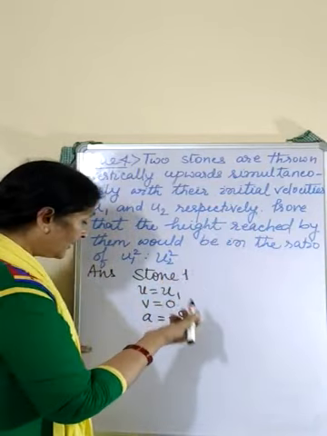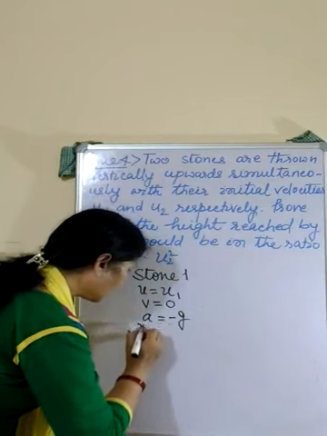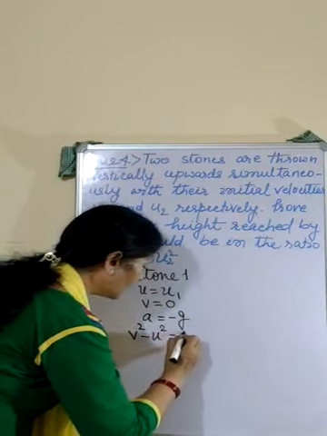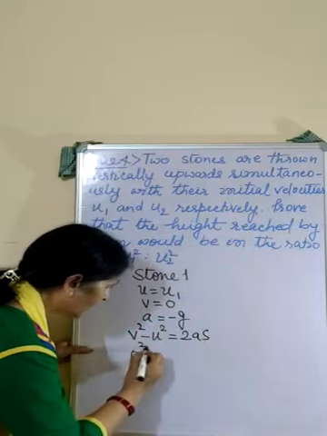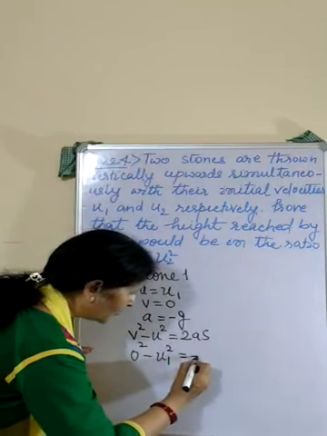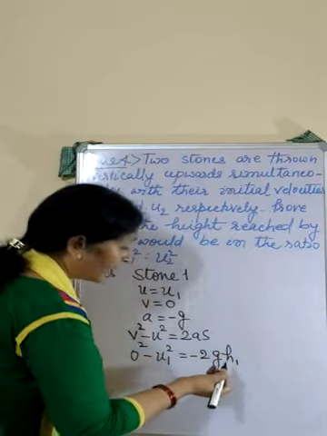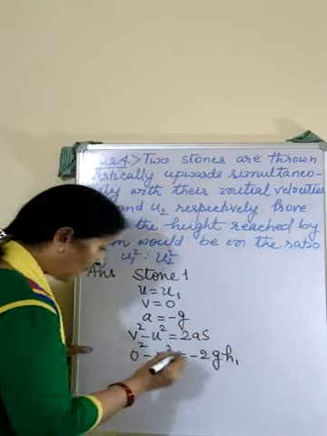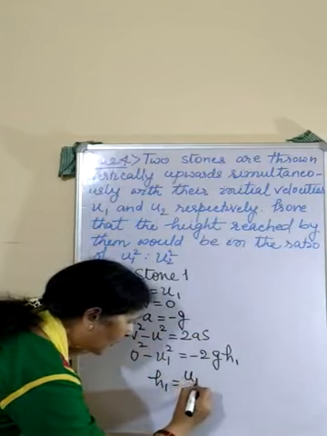Now we will use the formula v square minus u square is equal to 2as. 0 square minus u1 square is equal to minus 2gh1. h1 is the height attained by the stone, and from here h1 is equal to u1 square by 2g.